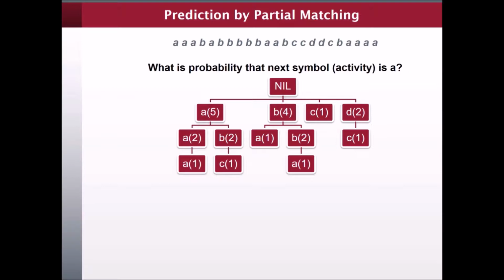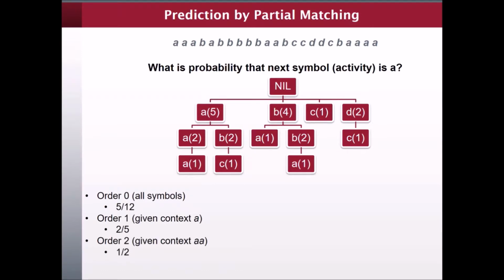First of all, let's consider the probability that A is the next symbol to occur for all the different phrase sizes that we're storing in our tree. Remember, all of these nodes at the first level represent phrases of size 1, one symbol long. All the nodes at the second level represent phrases of length 2, and at the third level represent phrases of length 3.